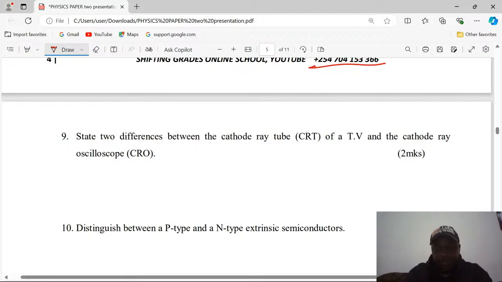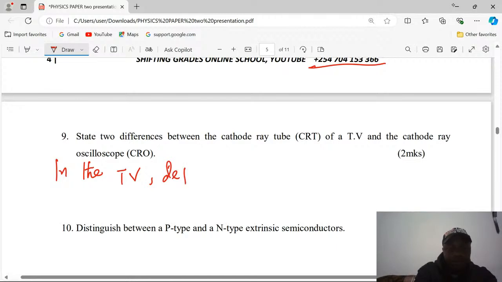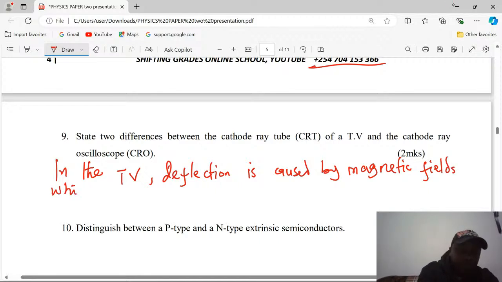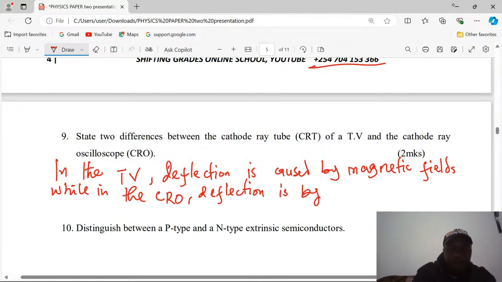Some of the major differences is that in the TV tube, deflection is caused by magnetic fields, while in the CRO, the cathode ray oscilloscope, deflection of the beam is by electric fields.